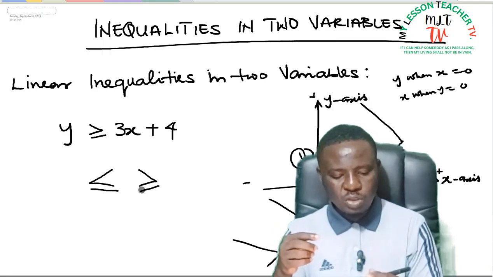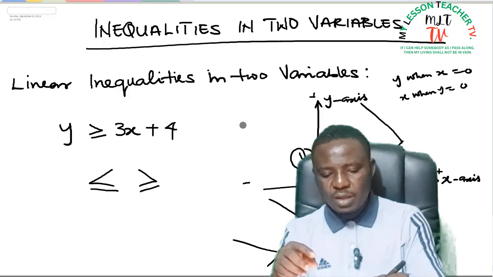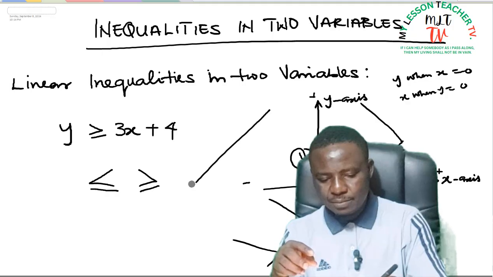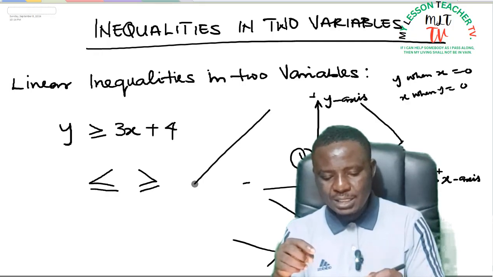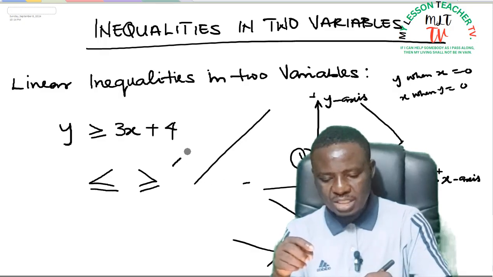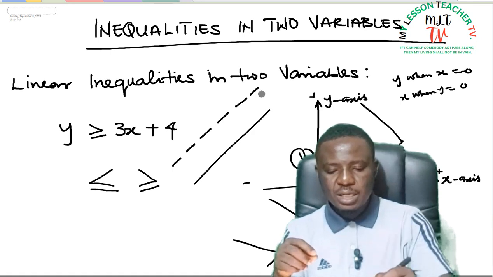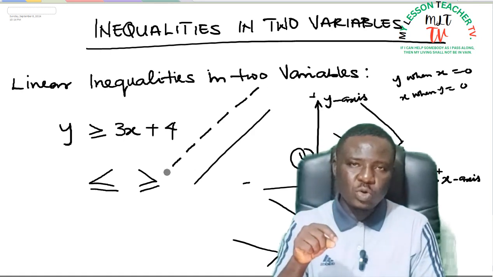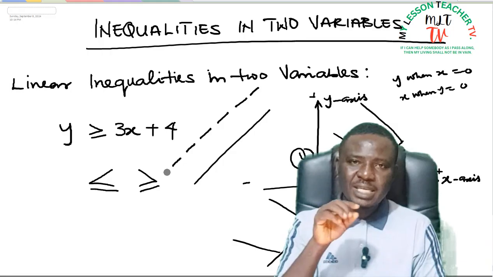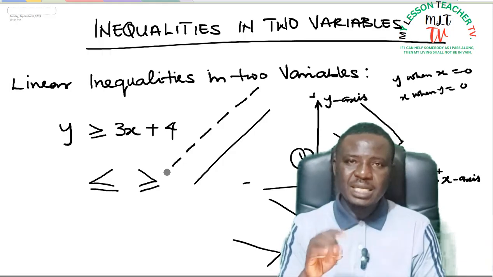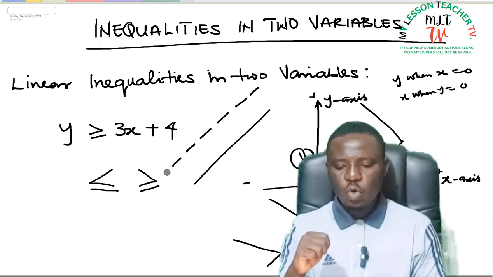Now, this informs us that if it is a dashed line, as in a broken line, it means that the inequality does not include the line, but if it is a solid line, it means that the line is inclusive.